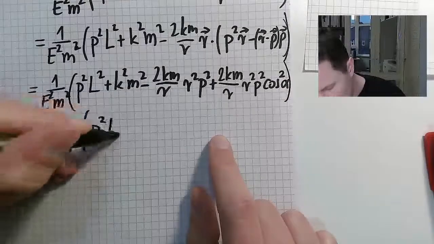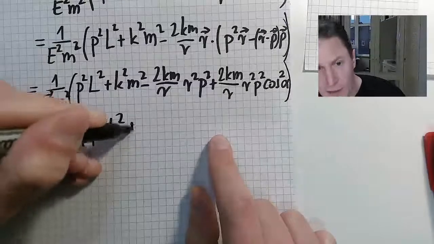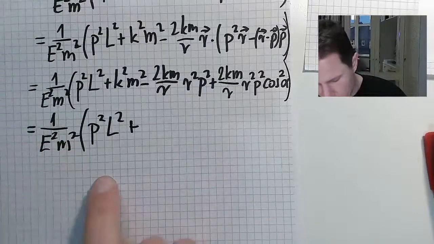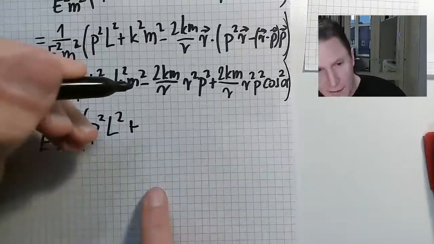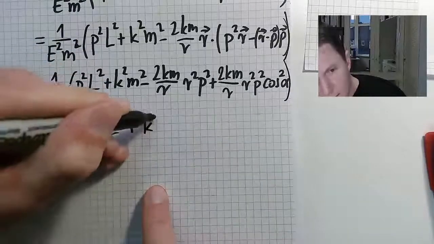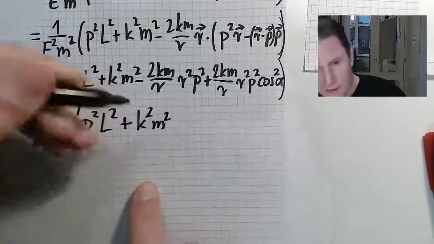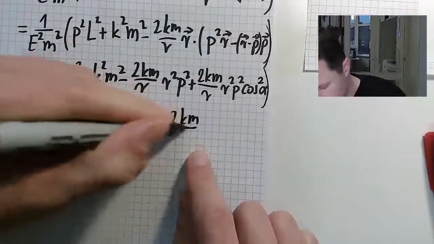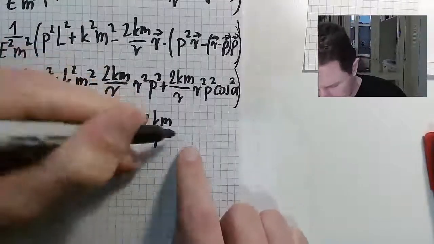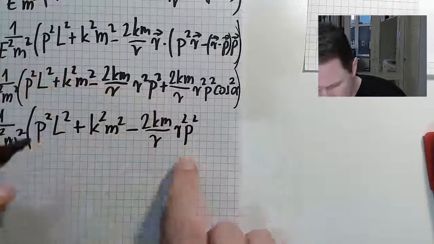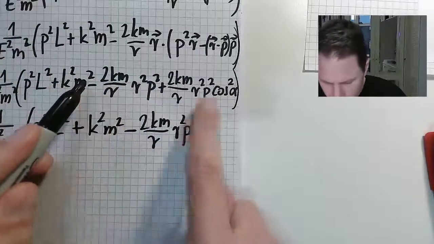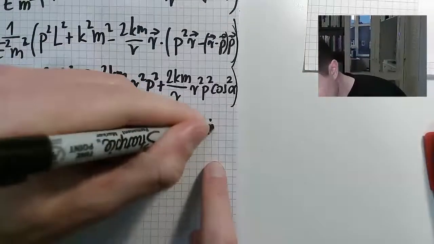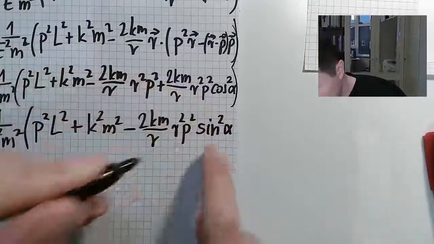So we can use that to get the following. 1 over e squared m squared multiplying p squared l squared plus k squared m squared minus 2km over r times r squared p squared, and here we have minus 1 plus a cosine squared, giving us minus a sine squared of alpha.